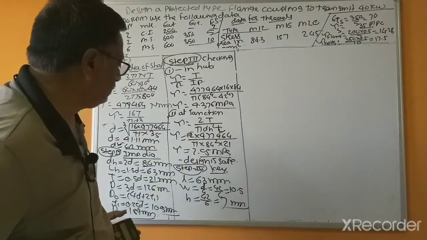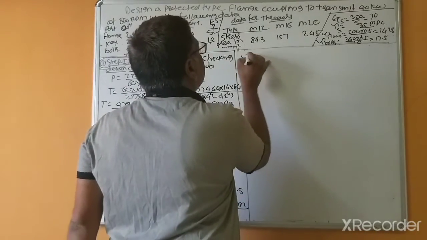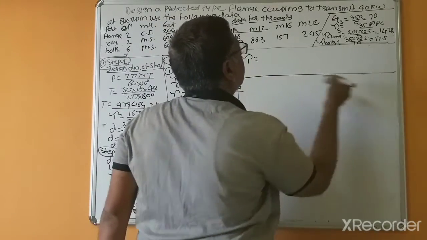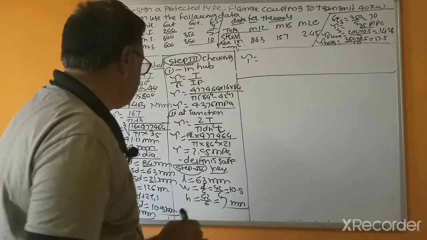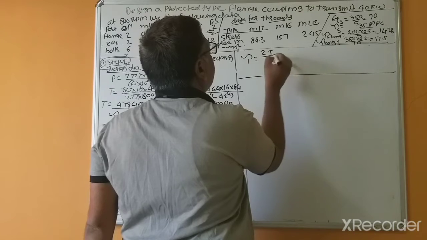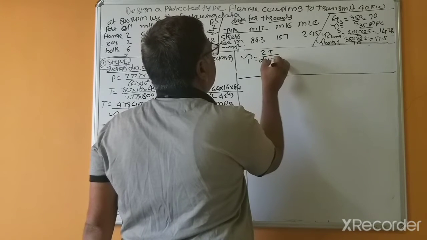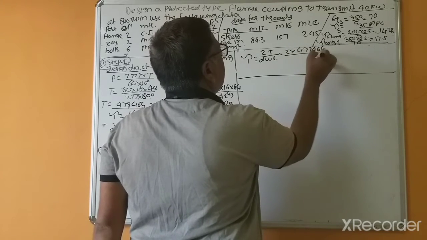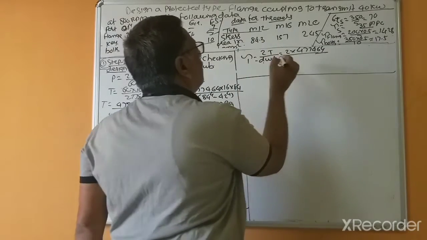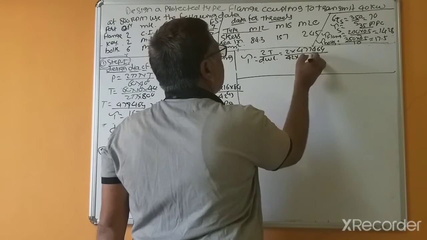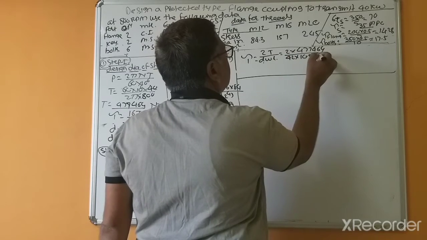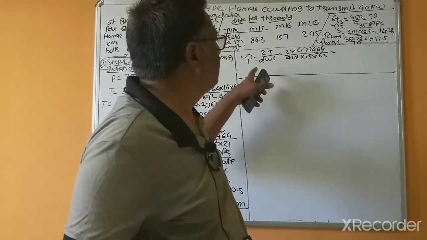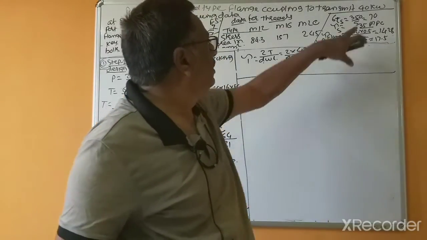Now for checking purpose, shear stress tau equal to 2T divided by d W L, 2 into 477,464, d equal to 42, width 10.5, length 63, and this should be for keys, same 35.